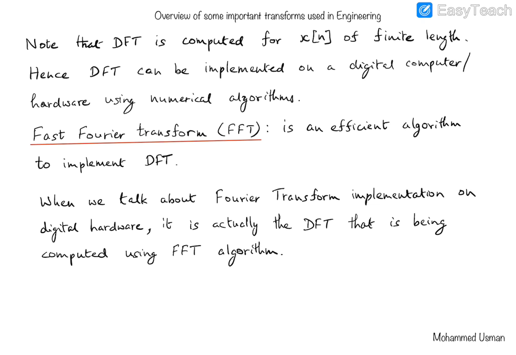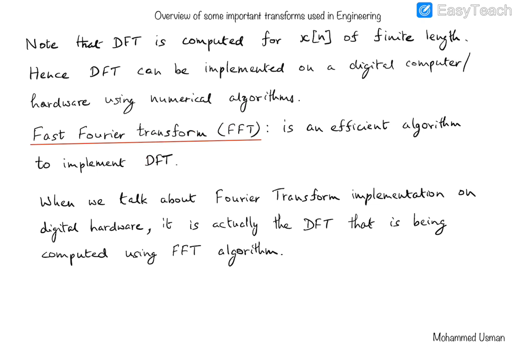And generally, when we talk about Fourier transform implementation on digital hardware, it's actually not the Fourier transform itself that is being implemented, but the DFT. And the underlying algorithm used for implementing the DFT is the fast Fourier transform, or FFT.